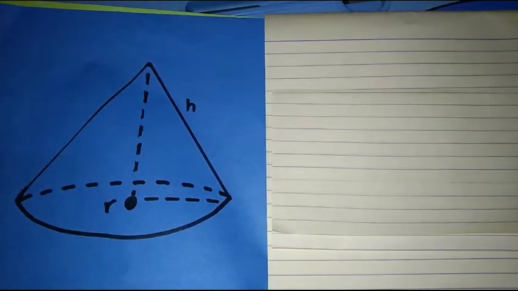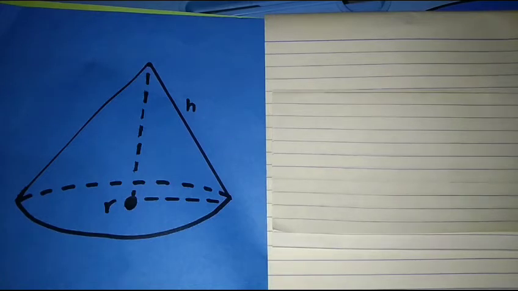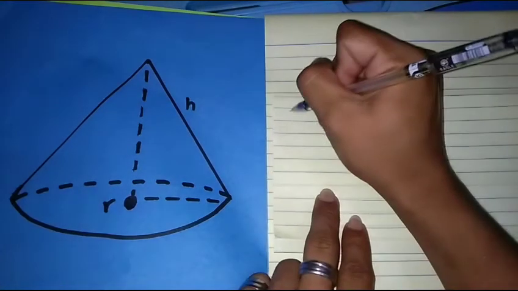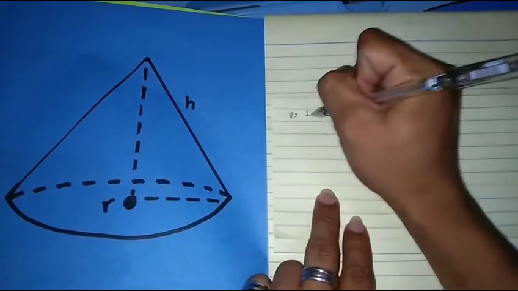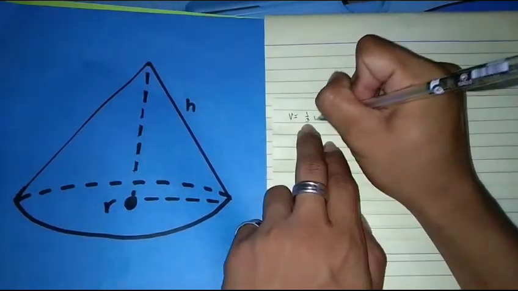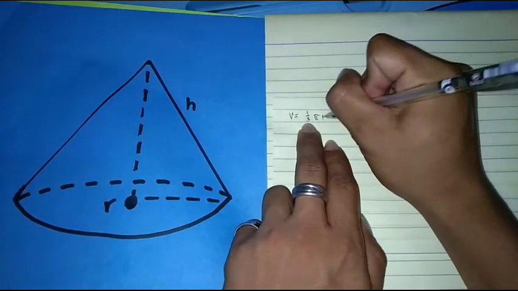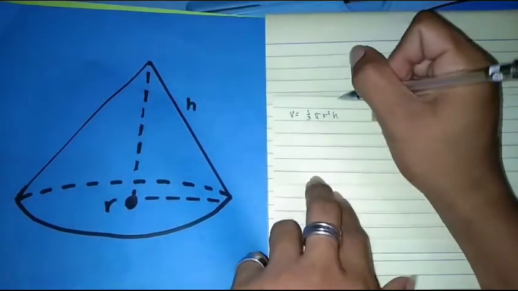Another three-dimensional figure, we have the cone. Let's assume that we have a radius of 3 and a height of 8. To get its volume, we need to follow the formula V equals 1/3 times pi times radius squared times height.